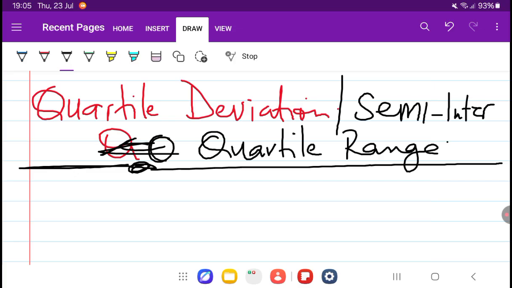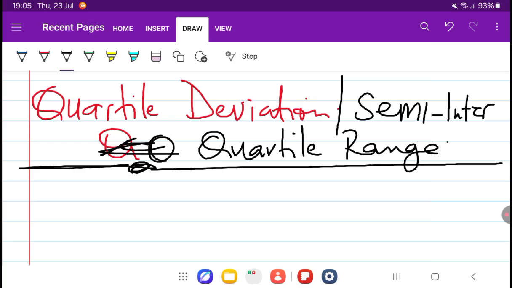In other words, we divide this data into two. We look at how the data is spread at 50%. So it tells us how spread out the middle 50% of the data set is.